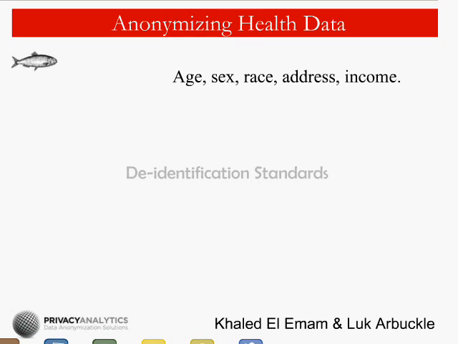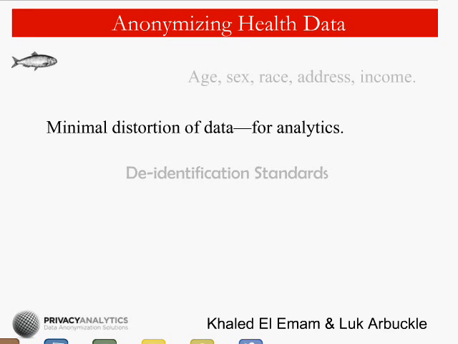These are fields that are useful for analysis, but they're also fields that can re-identify individuals. So there's a whole set of techniques called de-identification techniques that are used to protect that data. And we'll focus today mostly on these de-identification techniques. An important characteristic of the de-identification techniques is you want to minimize the distortion to the data, because the objective is to perform analytics on that data set afterwards.